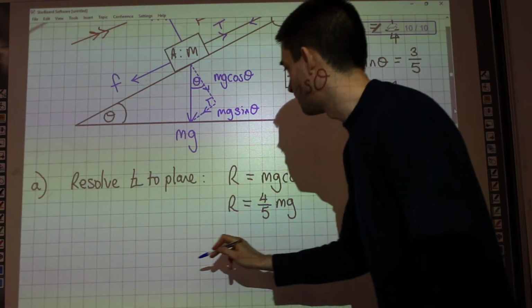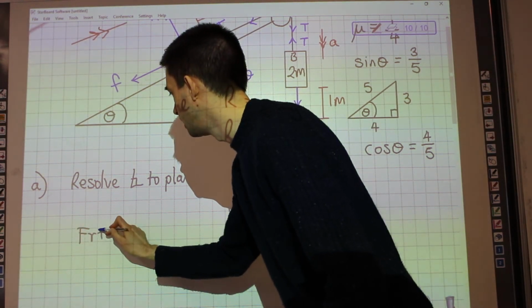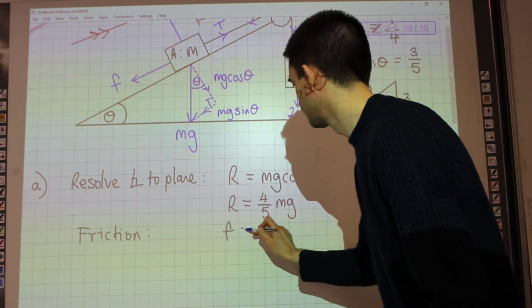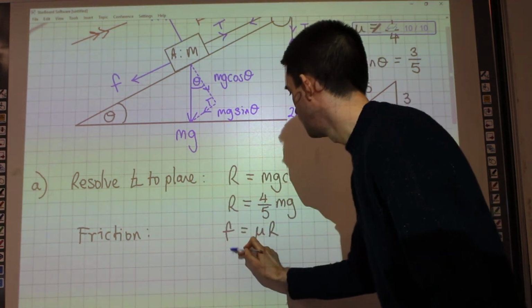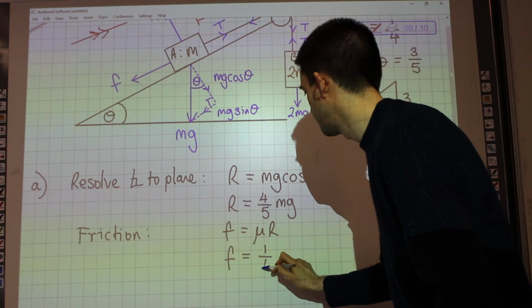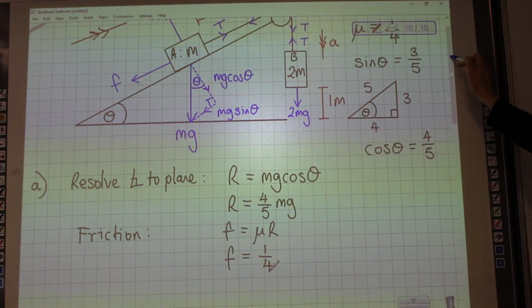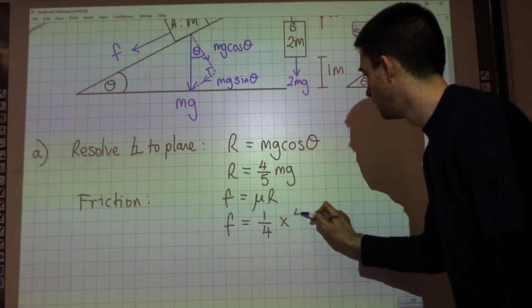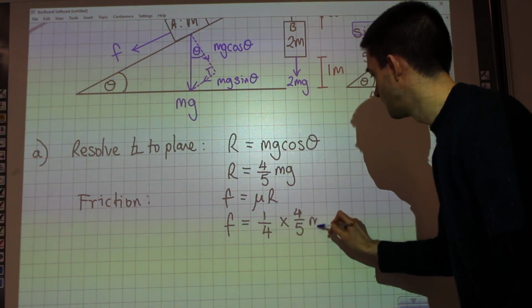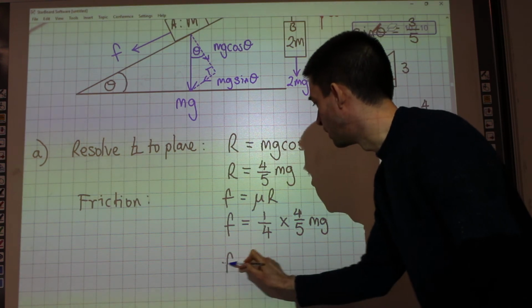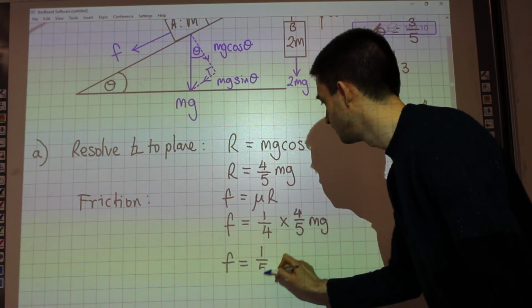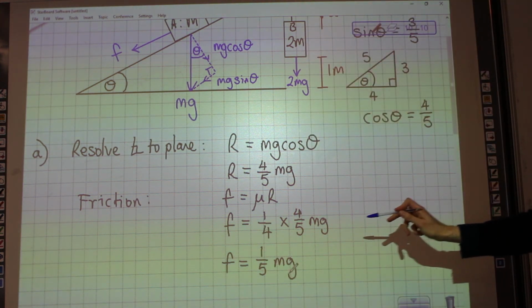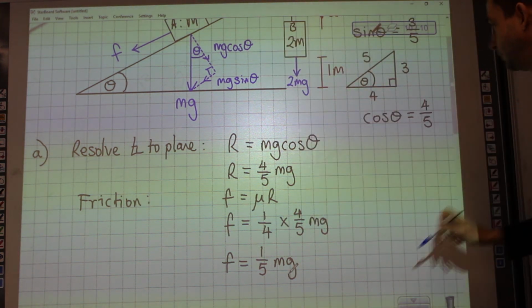So using the fact that friction is mu times R, friction is 1/4, which is our coefficient of friction that we were told in the question, times 4/5 mg, which works out rather beautifully to be 1/5 mg. So that is the frictional force acting on A.